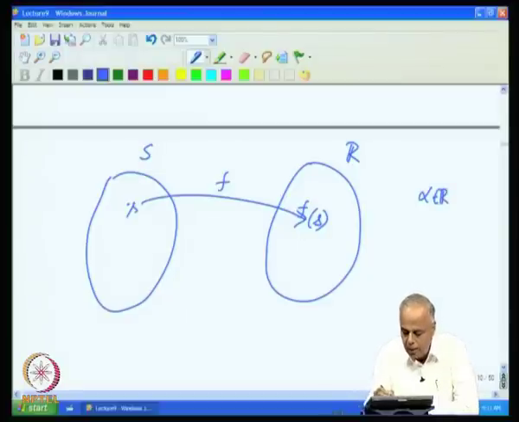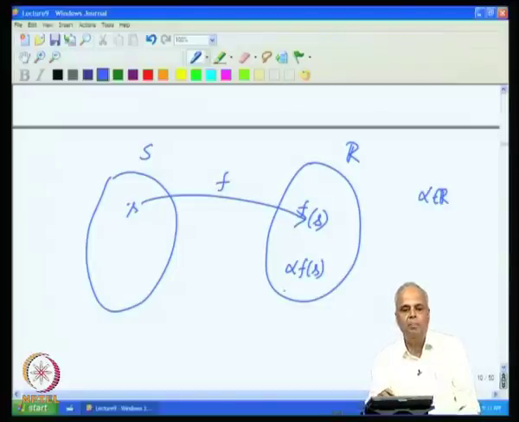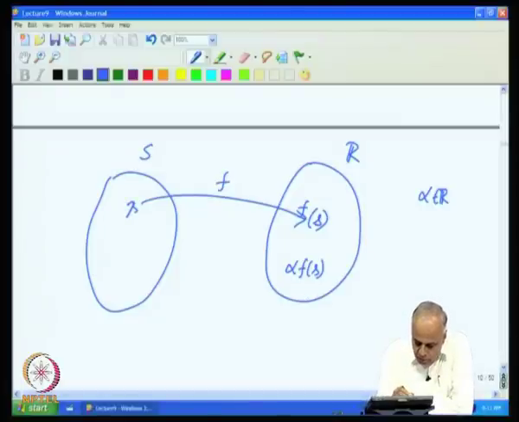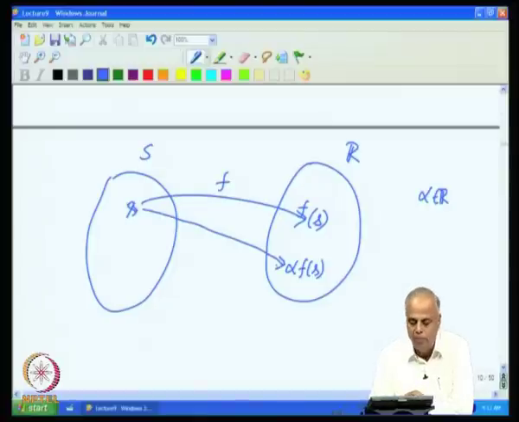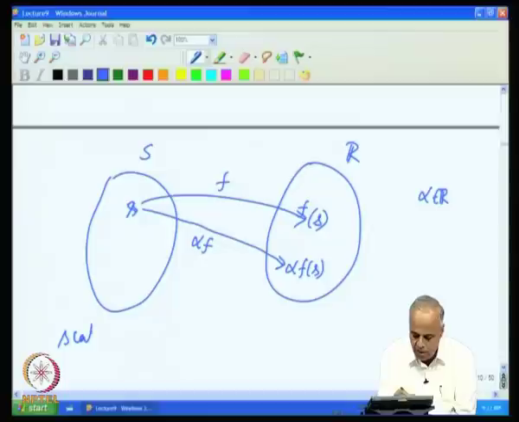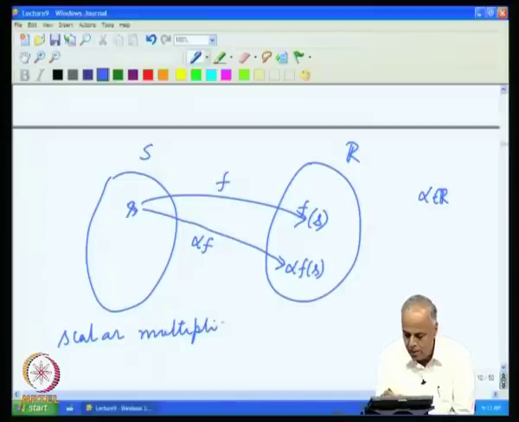I can multiply f(s) and alpha, and the result of the product is again a real number, because the product of two real numbers is a real number. Now, we can think of a new function which associates with each s the value alpha times f(s). We call it the function alpha f. This gives us the scalar multiplication of functions. This is again pointwise.